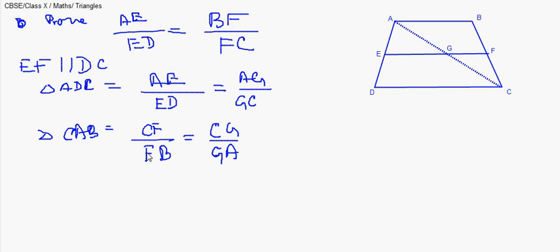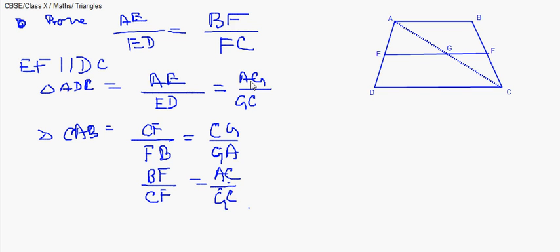We actually can reciprocate this, and that would become BF by CF equals to CG by AG. We got AE by ED equals to AG by CG. Oh, I should have reciprocated it. Once I reciprocate, I'll be getting AG by GC.